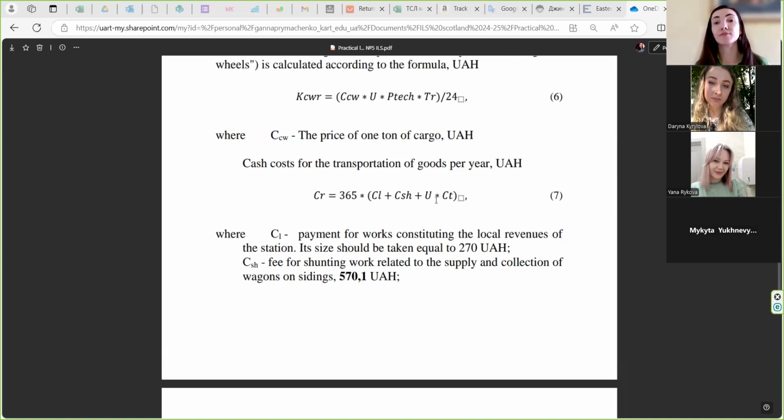Then close the brackets, and all this result in the brackets we multiply by 365 days in the year. So it is a very big amount of money for one year, a very big result. It is okay. Some millions, for example, or in some variants some billions, it is okay. Let's do it.